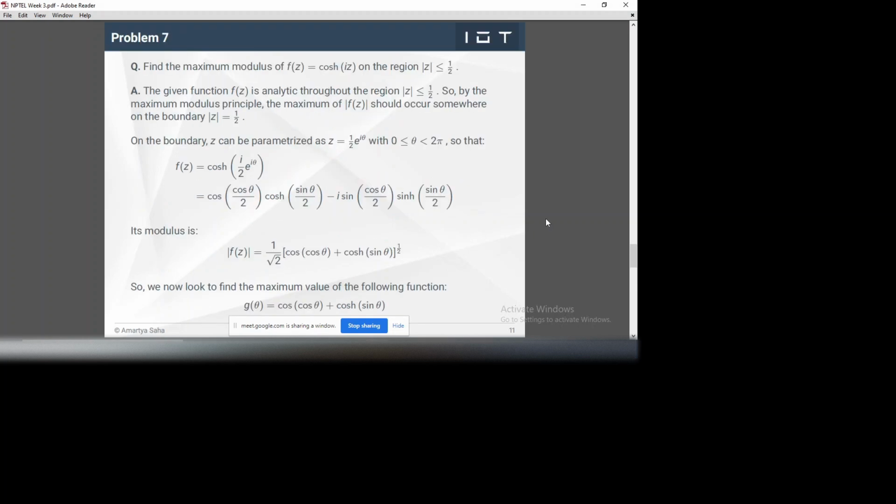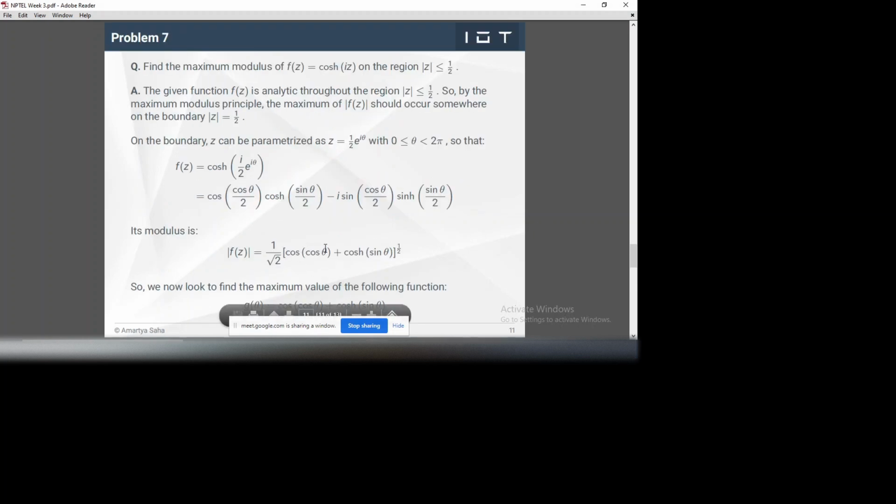The value of g(theta) increases from its value at theta equal to 0 to its value at theta equal to pi by 2. So the maximum of g(theta) is at theta equal to pi by 2, and we will now simply put theta equal to pi by 2 and get the maximum value. So let us see.